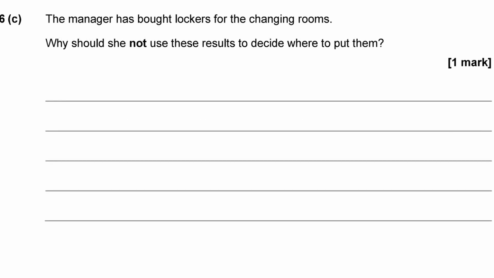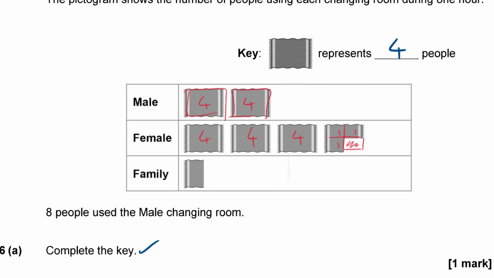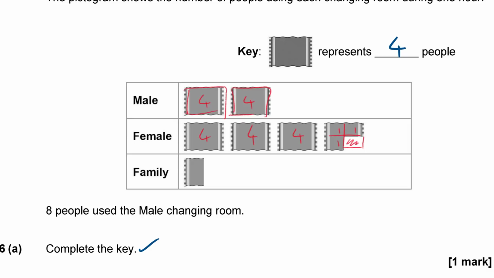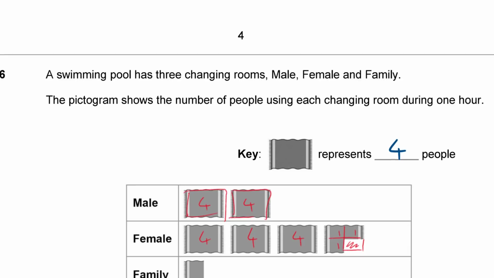6C says the manager has bought lockers for the changing rooms. Why should he not use these results to decide where to put them? Now I assume what they mean here is that they should put more lockers for the females than the males, because there are more female people swimming, obviously, than the male ones. But this is just 1 hour.